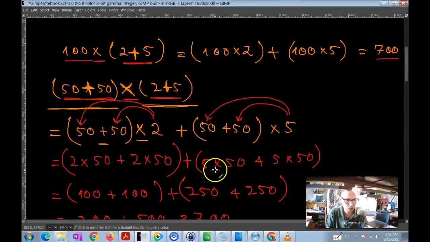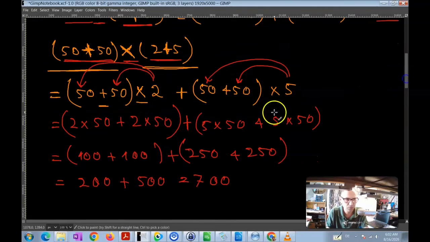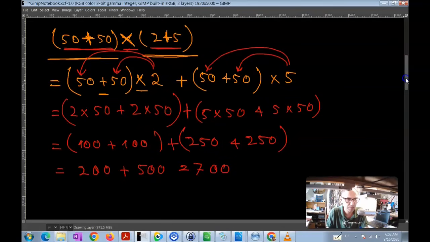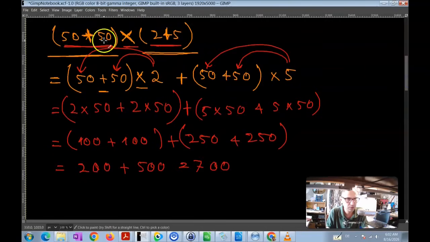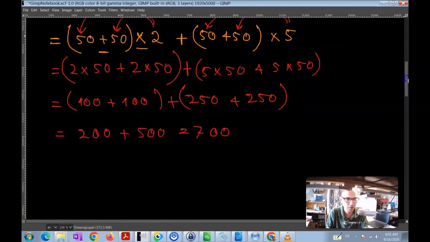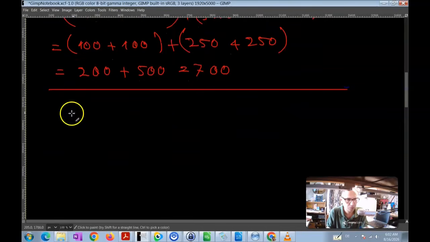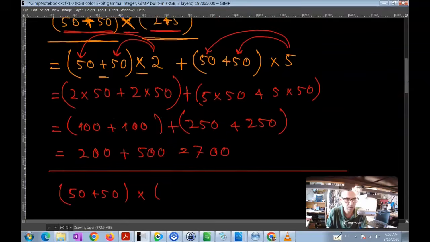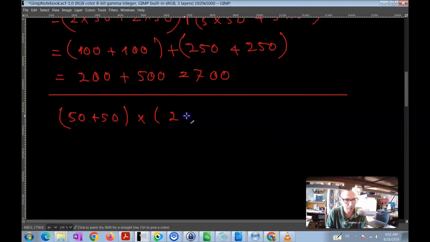So then of course you don't have to go through all of these steps. As long as you understand this, then you can say that, for example, 50 plus 50 multiplied by the same thing, 2 plus 5.